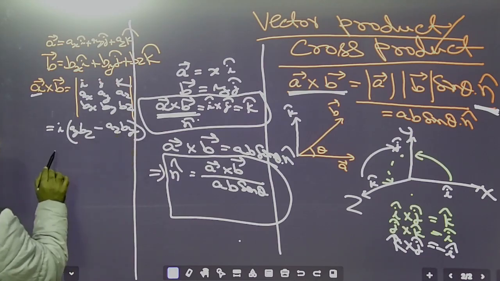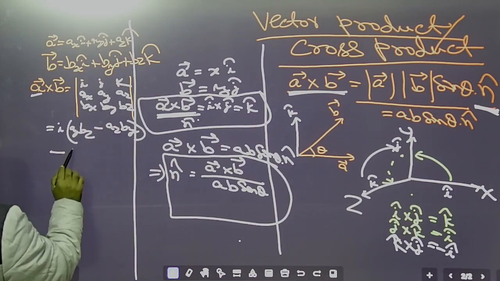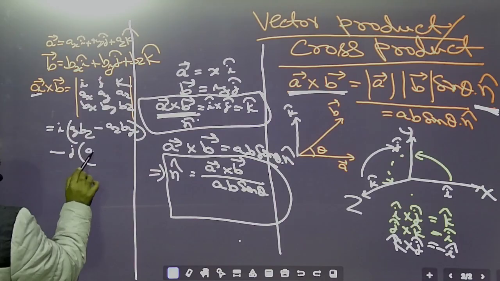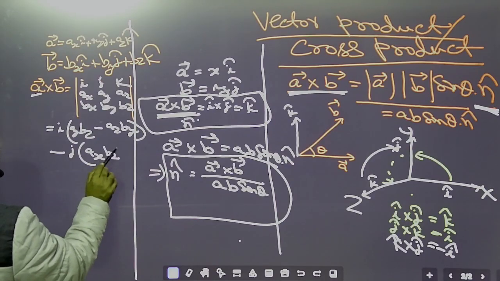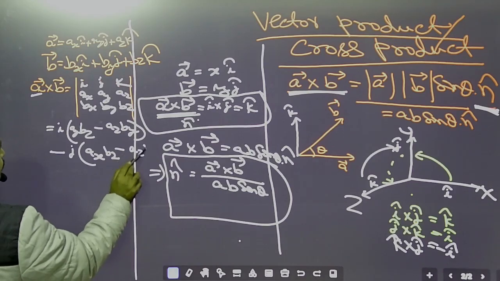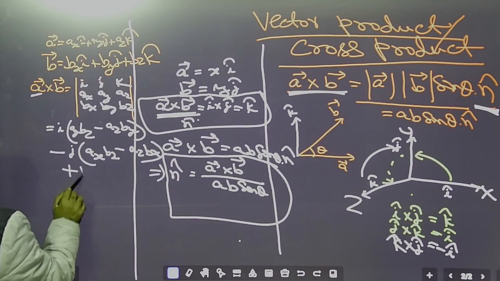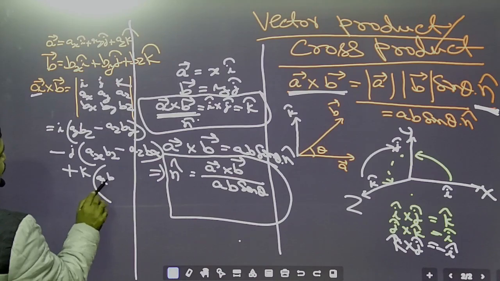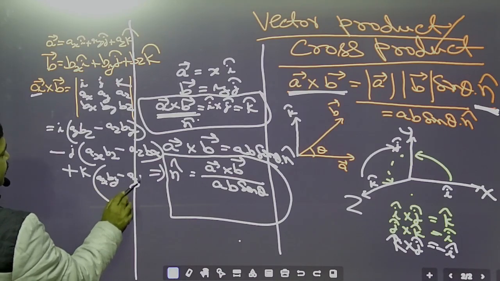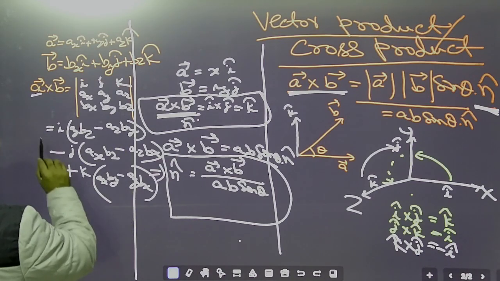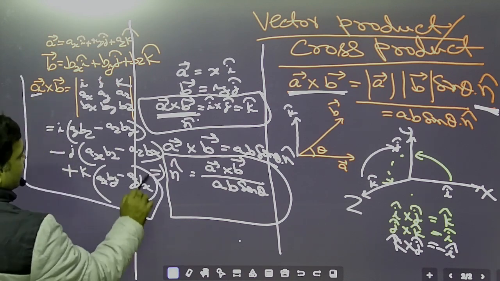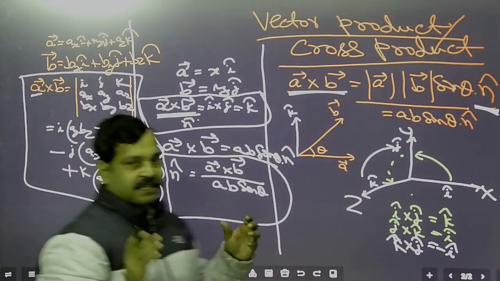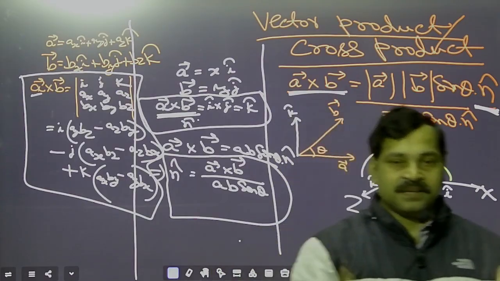Similarly, you can write the middle term, which will come with a minus: we are having AXBZ minus AZBX. Similarly, for k we can write AXBY minus AYBX. So this is how we evaluate the cross product of two vectors if its rectangular components are given.